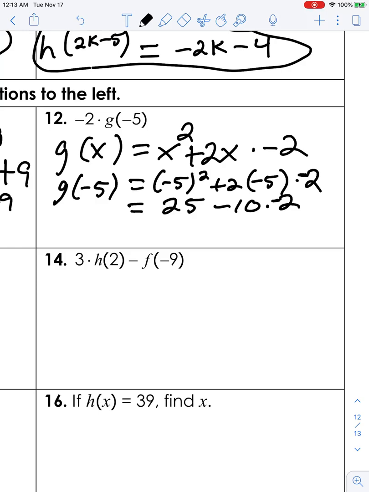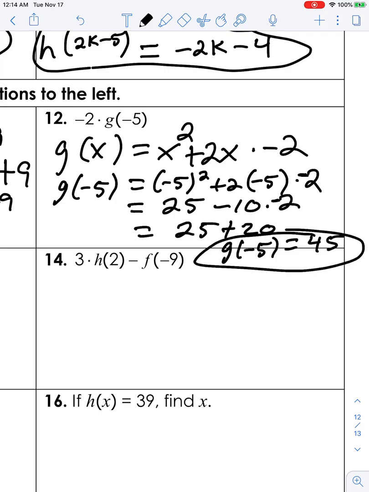So drop down a -2. And then what we've got is multiplication. So -10 times -2 is +20. And so when -5 is plugged in for x in this equation, with a -2 multiplied with it, the answer is 45.